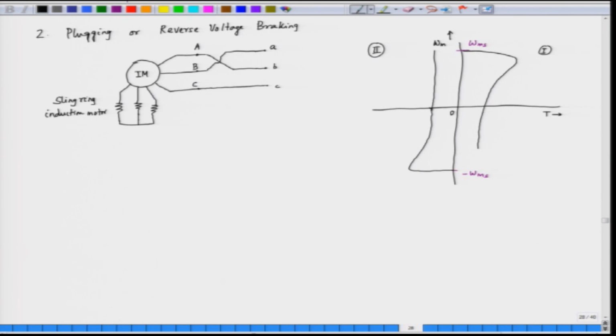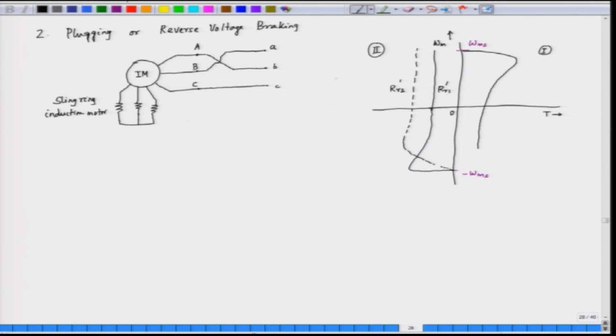characteristic for negative synchronous speed will change like this. This is for a higher value of resistance and so on. So, for example, this is for R1 prime and this is R2 prime. What we are trying to do here is vary the rotor resistance of the induction motor.